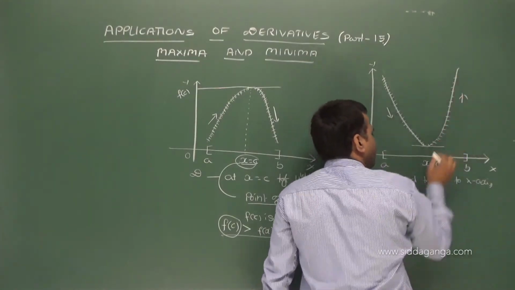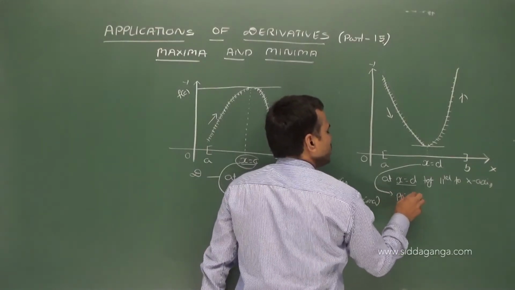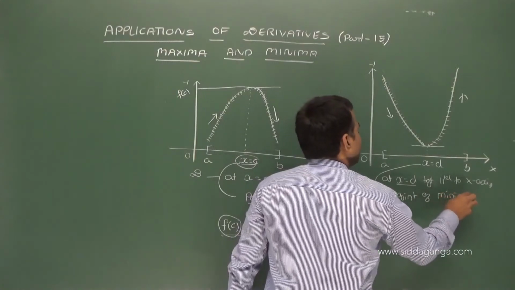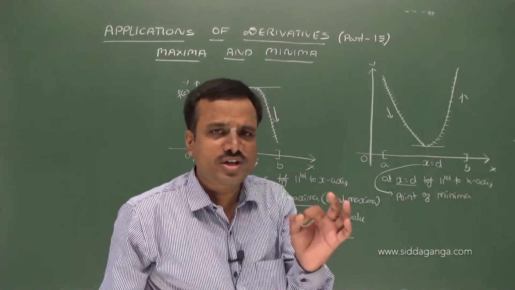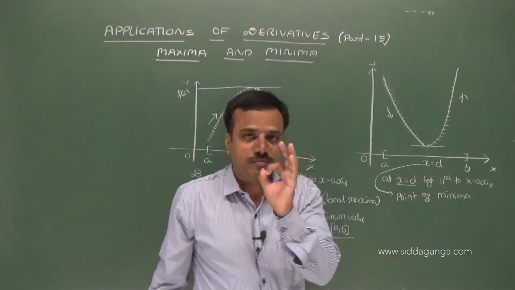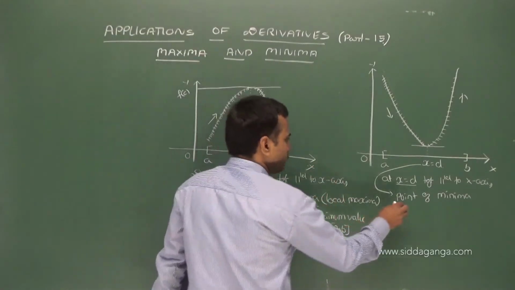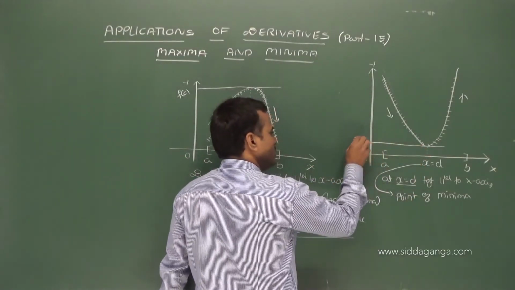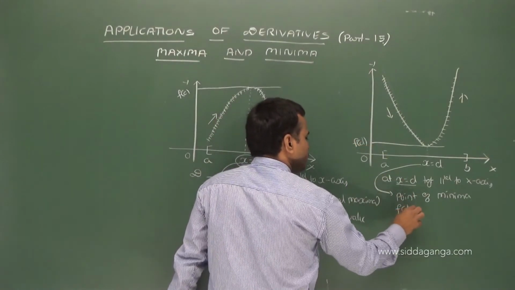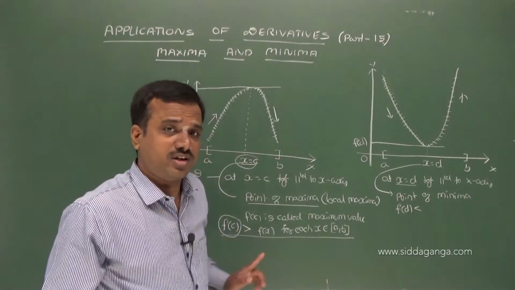The point x is equal to d is called the point of minima. And one more very important thing: f of d is always less than f of x, whereas here it was always greater than. Correct now?